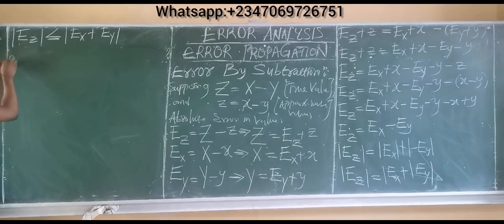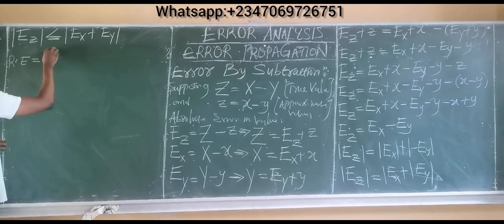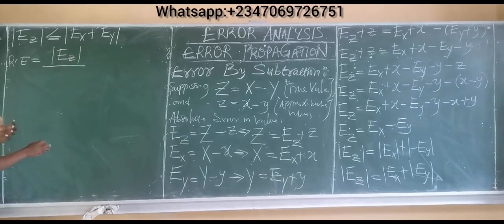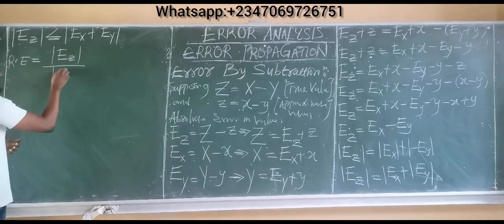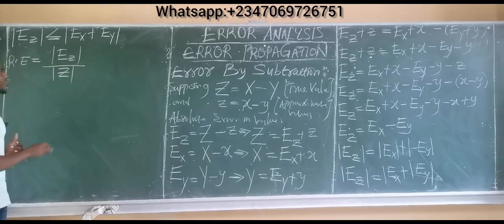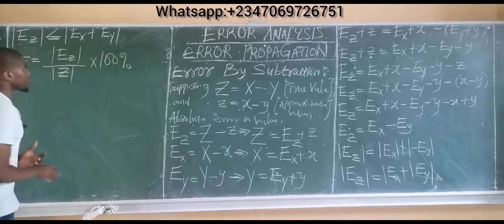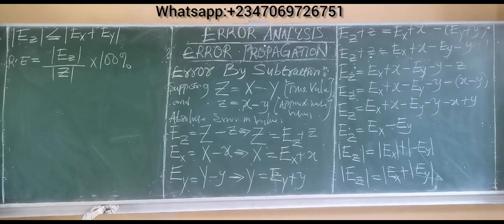If you want to find your relative error, remember it becomes the absolute error, which is the error in z, divided by the modulus of the true value, which is modulus of z. And if you want to find the percentage error, simply multiply this by 100%. So it's as simple as this.